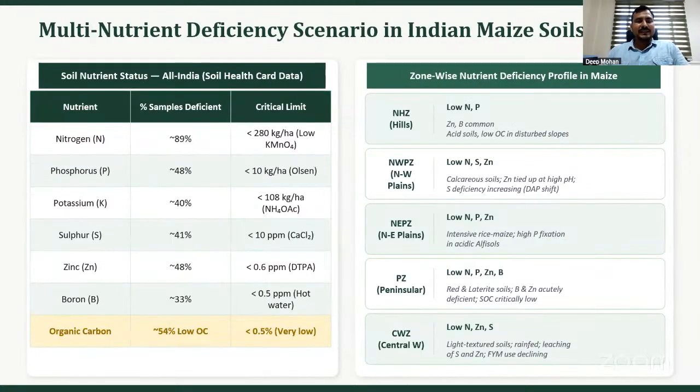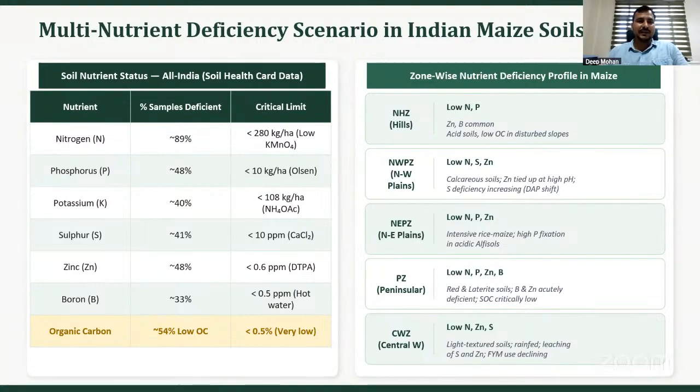Coming to this, in addition to nitrogen, what nutrients does the maize crop need? The data you see here is from the national soil health card program.